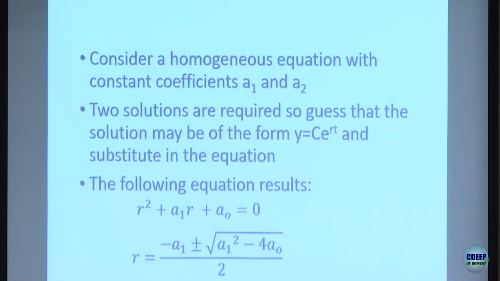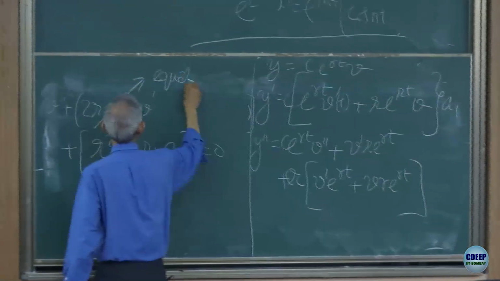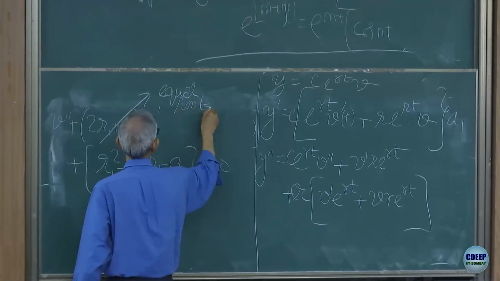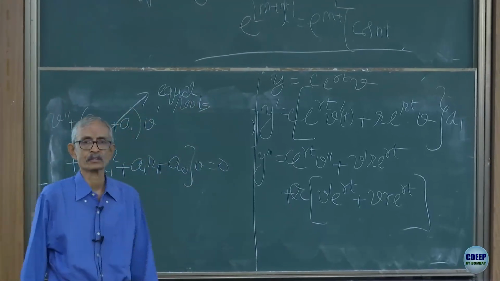The roots are equal, right? If the roots are equal, what is happening? This term is gone, right? Which means that the root is minus a1 by 2. So if the root is minus a1 by 2, what is 2 times the root plus a1? 0. Right? So this term is gone by virtue of the fact that the roots are equal. Okay, so the first term is gone.